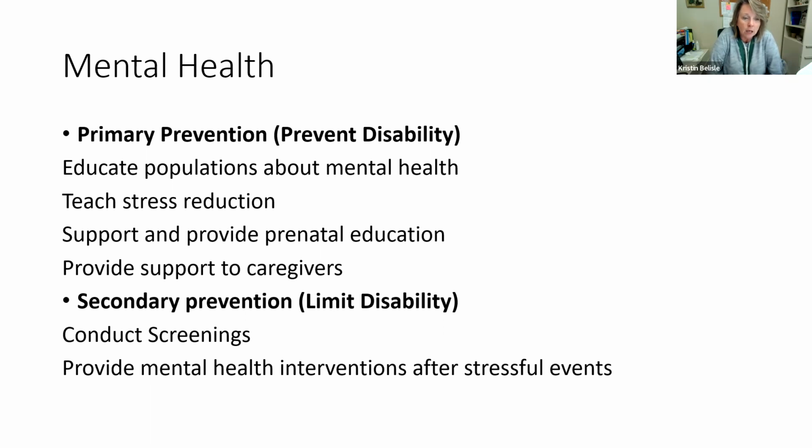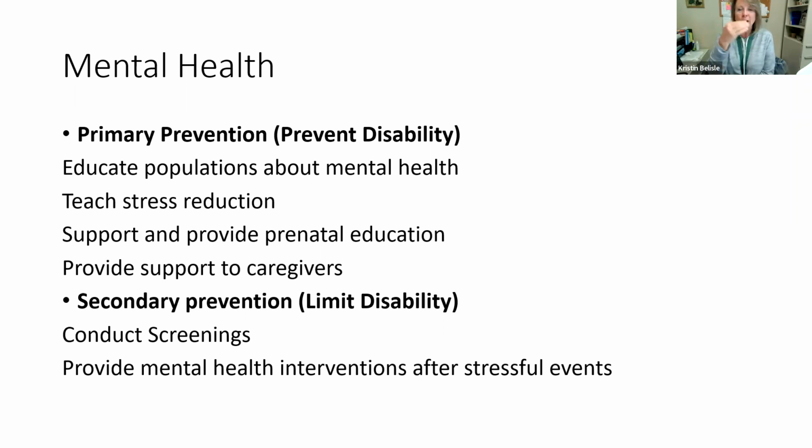Secondary prevention is limiting disability. We want to conduct screenings so that we can identify whether there are issues out there. If we're doing a screening of, say, teenage males, and we want to see if they're developing their psyche, if they're dealing with coping mechanisms and anger issues, then we can conduct a screening in a high school of this specific age.